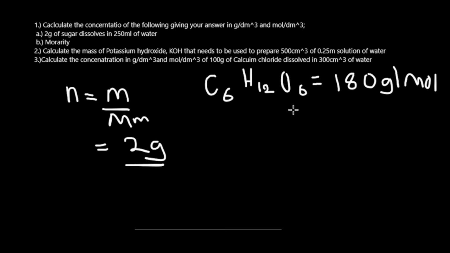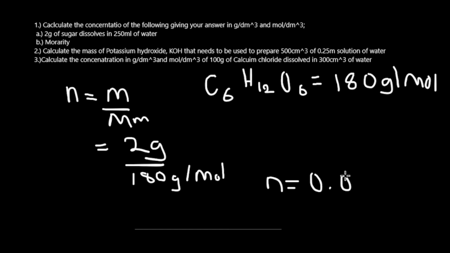So I'm simply going to replace with that 180 grams per mole. So I'll find my number of moles being equal to 0.01 moles, because grams and grams will cancel.